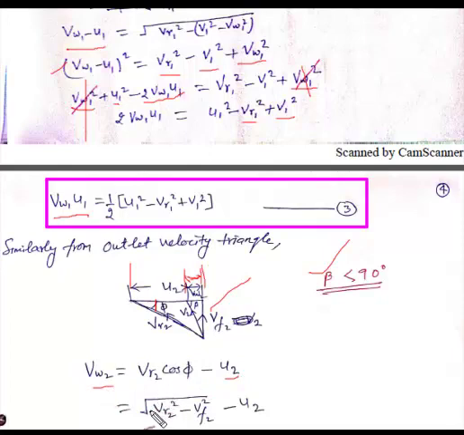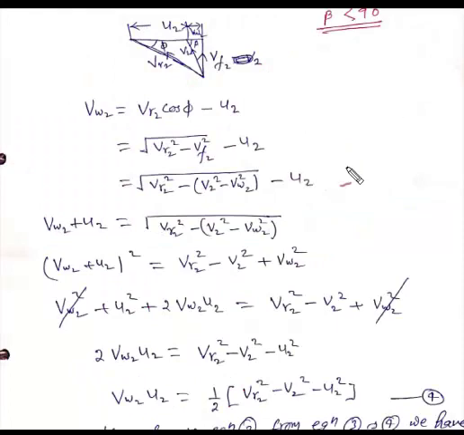Now putting the value of Vr2 cos phi from this triangle, here this triangle, we get under root Vr2 square minus Vf2 square minus U2. Now putting the value of Vf2 square from the small triangle here, the angle beta degree, we get V2 square minus Vw2 square. This is the value of Vf2 from this small triangle.